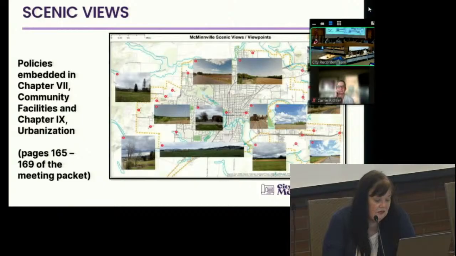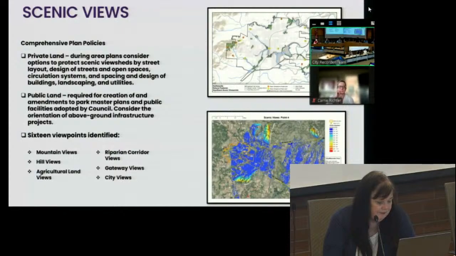The scenic views are comprehensive plan policies you can find in pages 165 to 169 of your meeting packet. And it impacts 2 chapters, Chapter 7, Community Facilities, and Chapter 9, Urbanization. There's comprehensive plan policies for private land, and there's comprehensive plan policies for public land. For the private land, it's consider these options.